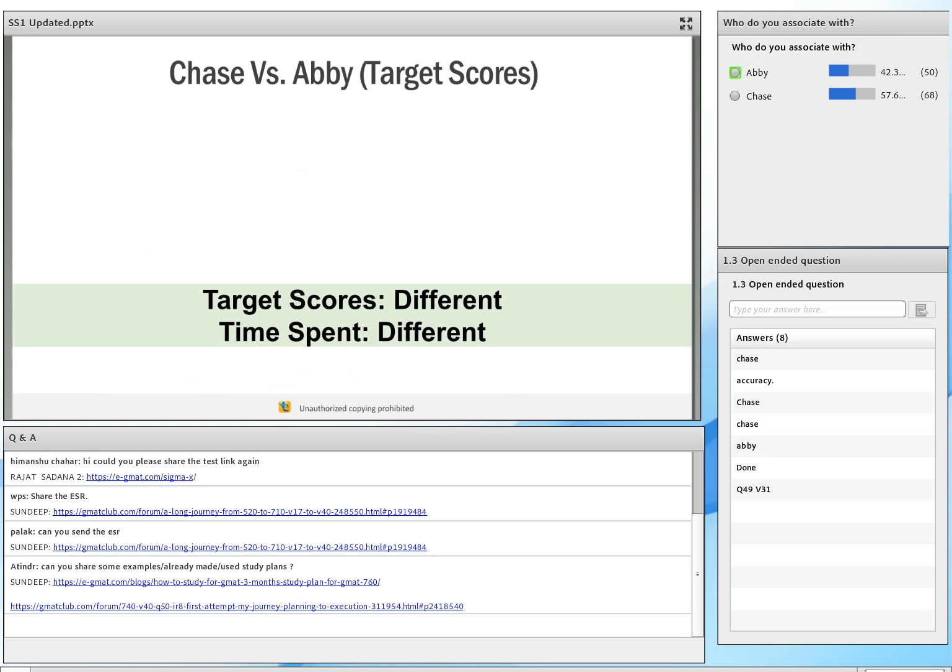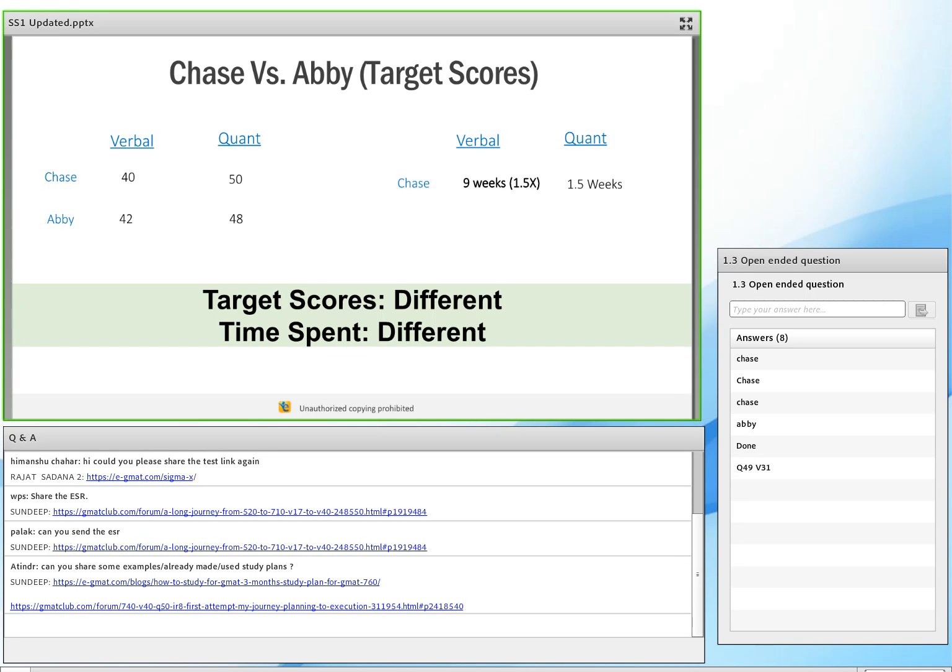So now let's think about this time and put this in context. Chase and Abby had the exact same starting score, but you can see that the target scores are very different in both quant and verbal. But the biggest difference is not the target scores, but the amount of time required.